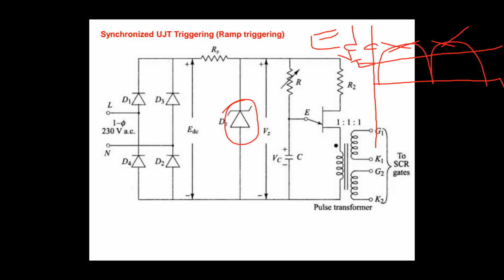Now this VZ output voltage I'm applying to the RC circuit. Here R is variable. So when VZ is applied, the capacitor will be charging here, somewhere like this. It will be charging and discharging. Okay, I will write neatly.